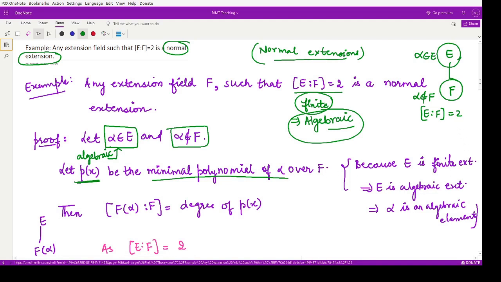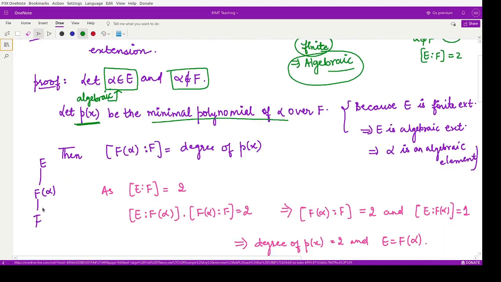So let us assume that between E and F we have one other extension field, F(alpha), where alpha has been adjoined to F. Now what would be the degree of this field over F?